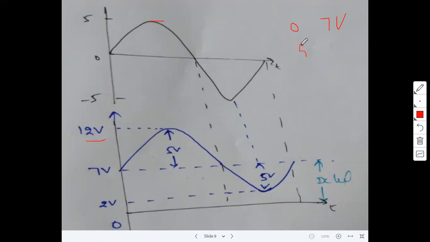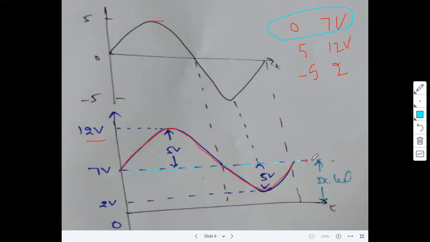When Vi is equal to minus 5 volts, the output is equal to 2 volts. Like that, draw the output signal. How to draw it? First of all, calculate the DC level. How to calculate the DC level? How much DC is inserted here? When Vi is equal to 0, what is the output? 7 volts output. Draw one line, the 7 volt line.